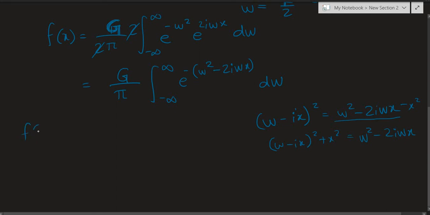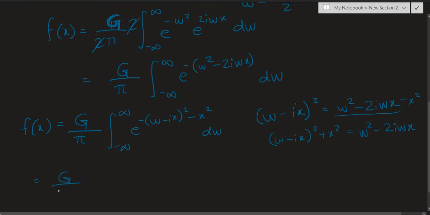So our f of x now becomes g over pi times the integral from negative infinity to positive infinity of e raised to negative w minus ix, the whole thing squared, and negative x squared dw.